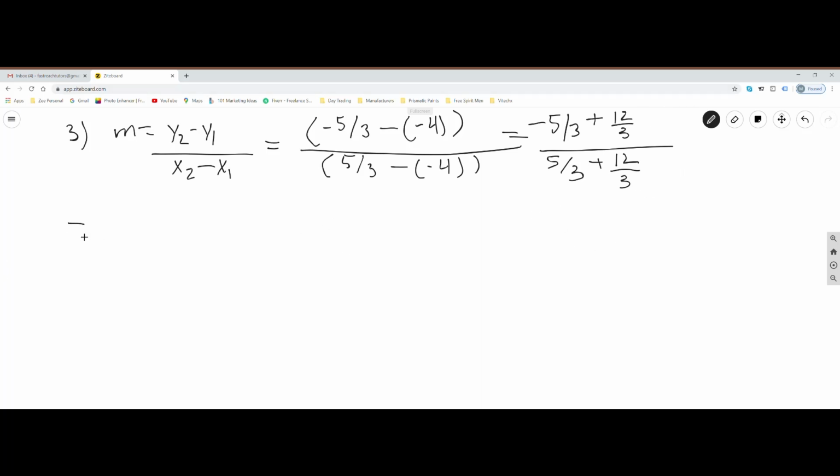So -5/3 plus 12/3, you're left with 7/3 over, and 5/3 plus 12 over 3 is 17 over 3.